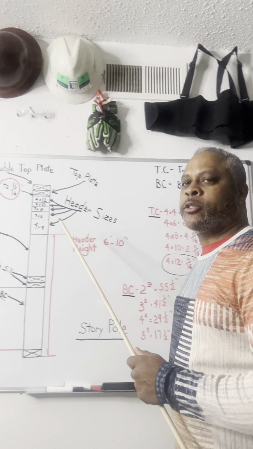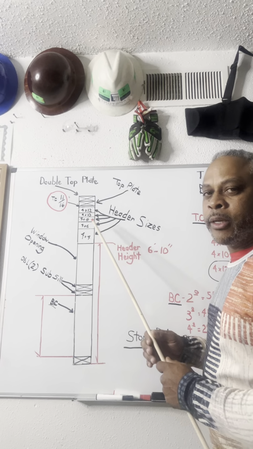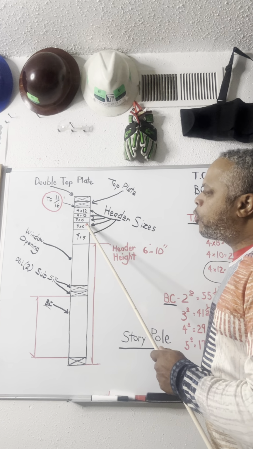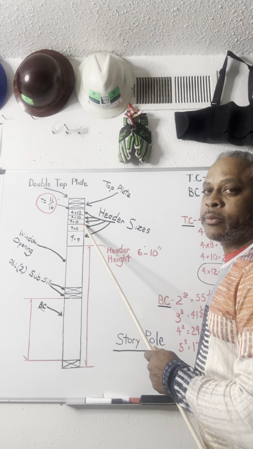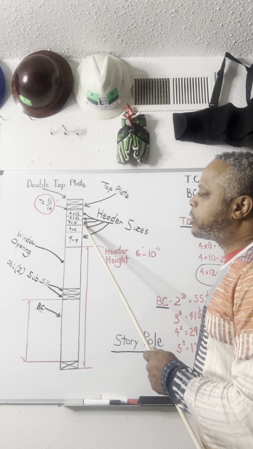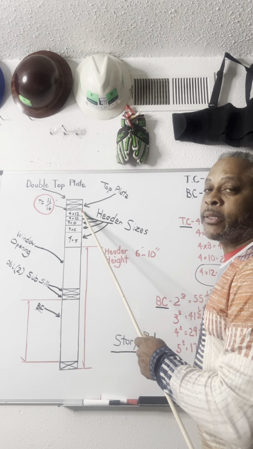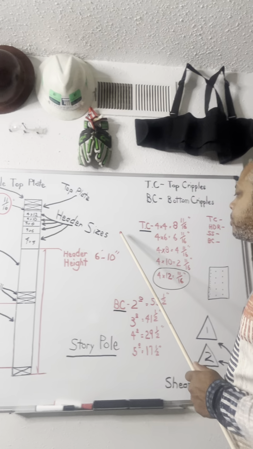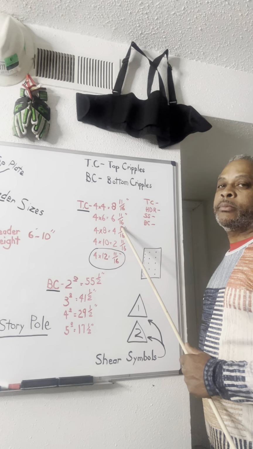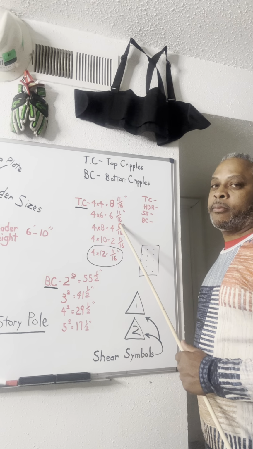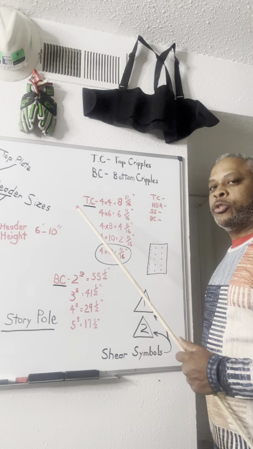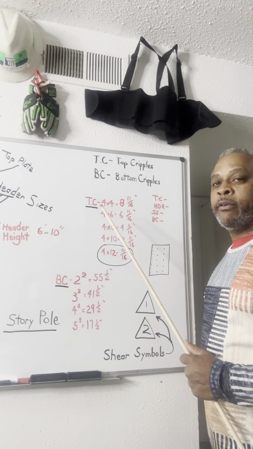So if I come back to my chart, my little drawing, a 4x6 is here. If I go with my 4x6 up underneath my top plate, it's going to be 6 and 11/16. Let me just use 6 and 5/8 if it's more comfortable for you.